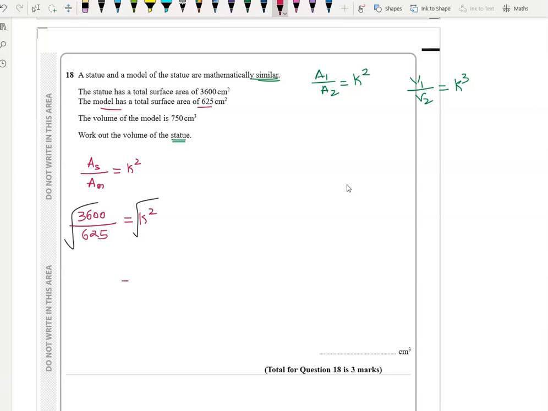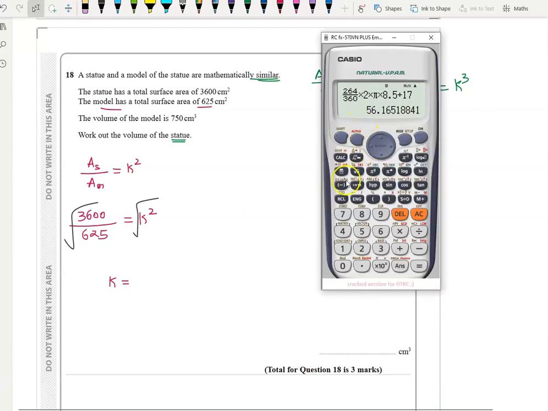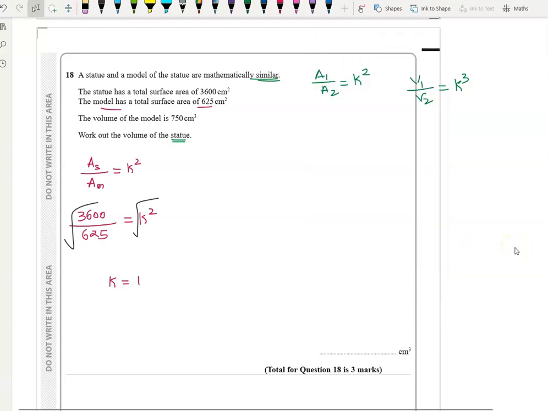So square root of k square is k, and we can work out square root of 3600 over 625. That gives you 12 over 5. So the scale factor is 12 by 5.